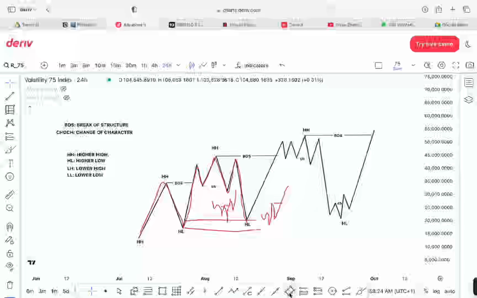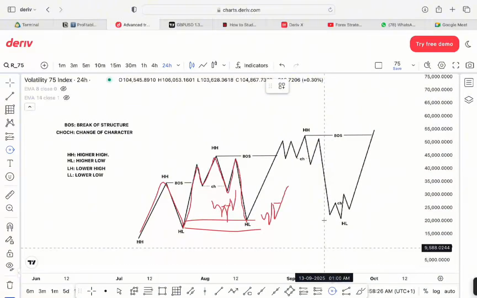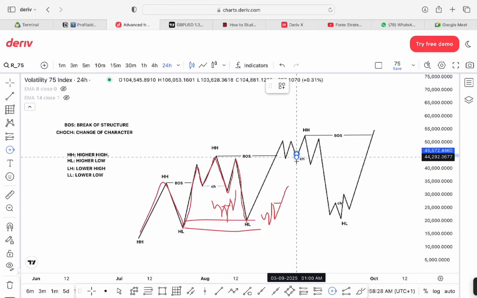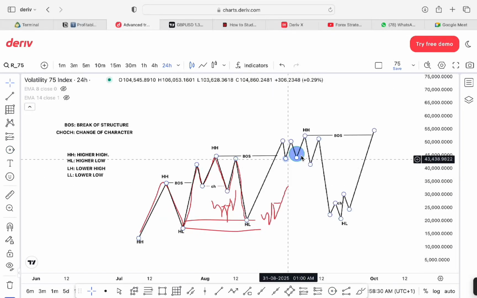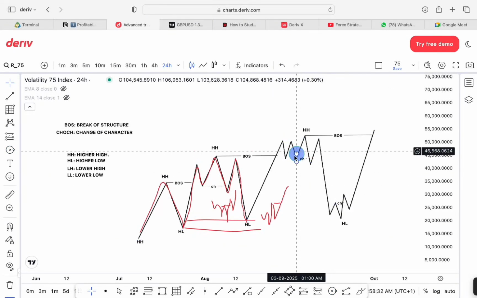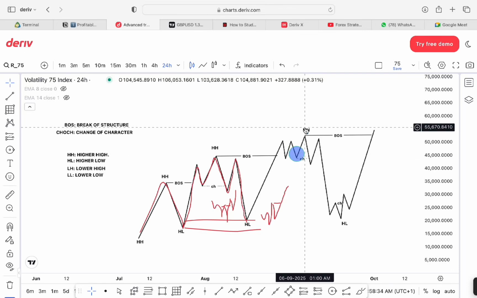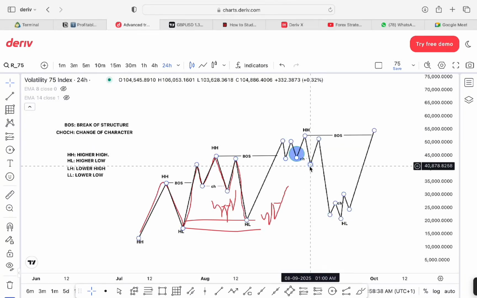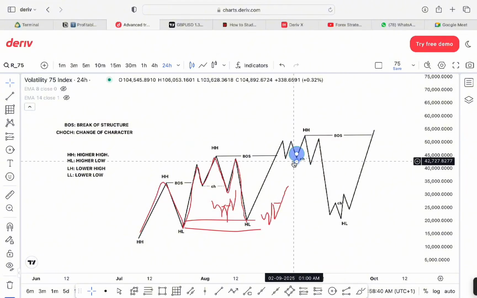Okay, so you mark it. Last point of invalidation, you mark it, you let price do its thing. So if price comes back and invalidates that place you marked, that is a change of what? Character.